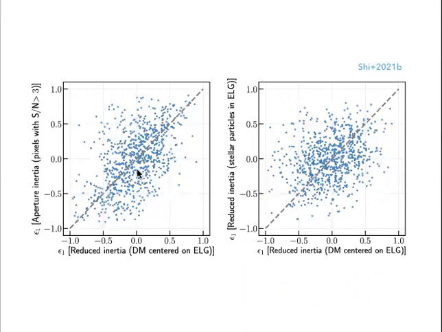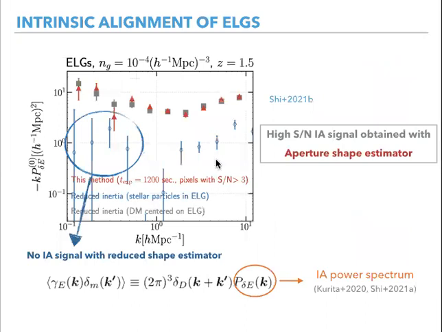Although the scatter is not so small, it's surprising that we can recover the intrinsic alignment signal of dark matter halos. And if we compare the ellipticity calculated using the reduced inertia tensor with the dark matter, we don't see a good correlation. This explains the result shown here.